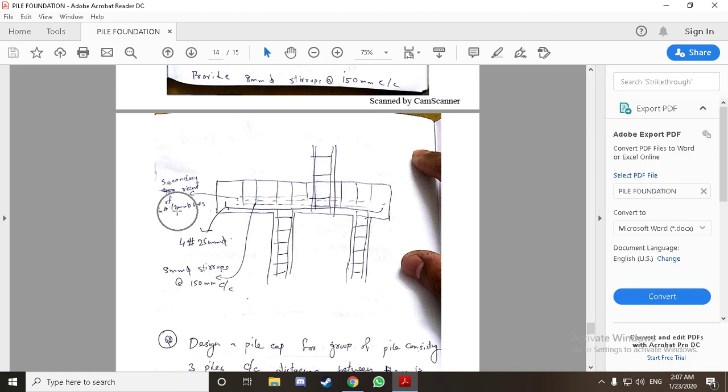You don't need to mention it, but you can guess a value by looking at our main reinforcement, 4 bars of 25 mm, this is second in the lateral direction. So this secondary reinforcement can be mentioned.